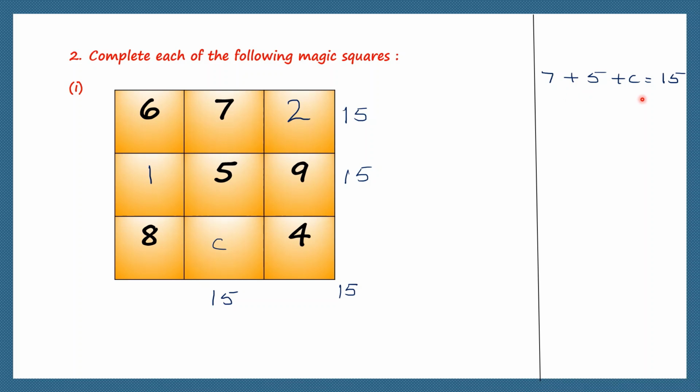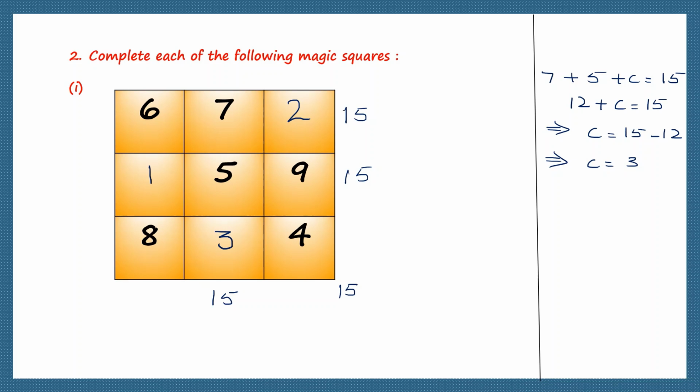So let me complete this working. 7 plus 5 is 12. 12 plus C is equal to 15. So to find the value of C, what do we say? 15 minus 12. So C is equal to 3. 15 minus 12 is 3. So let's write 3 here. So this is 3.